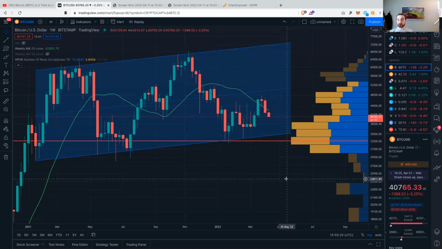If that were to break and we were to go all the way back down to 29 or 30K, you could increase it accordingly, maybe $400 a week. Obviously the specific numbers would depend on your budget and how much money you want to put into the market, but that would be the kind of idea that you could put into practice with these levels in mind.